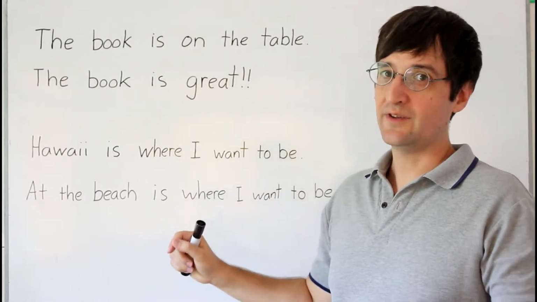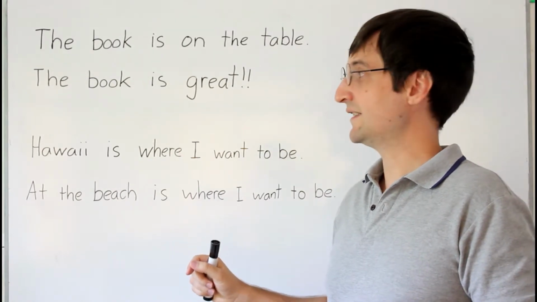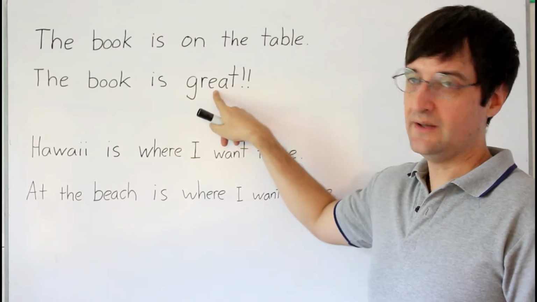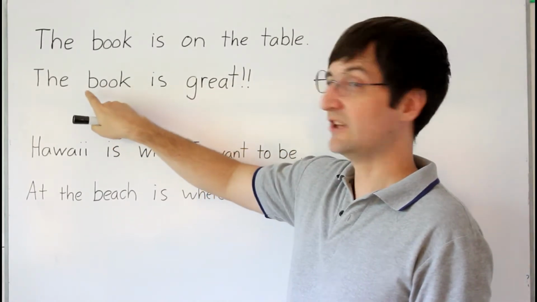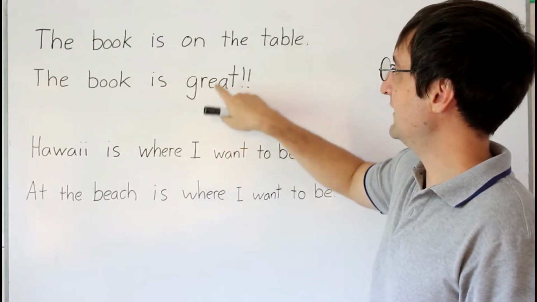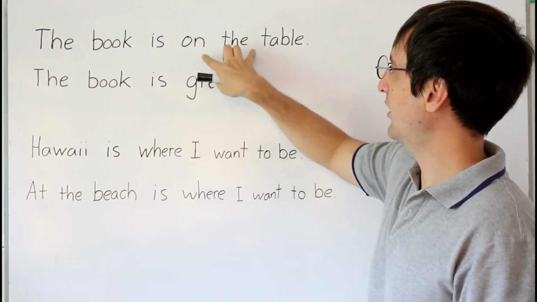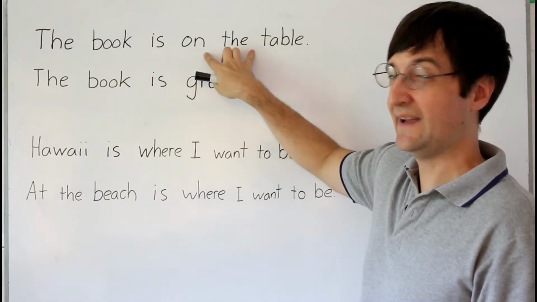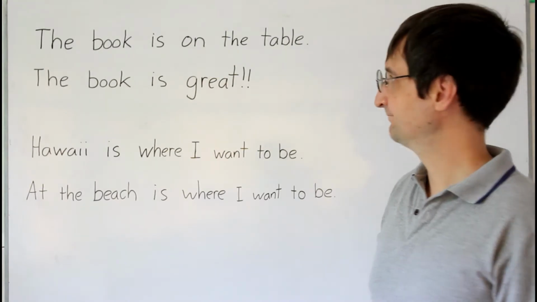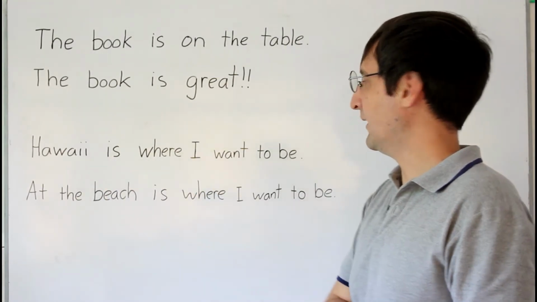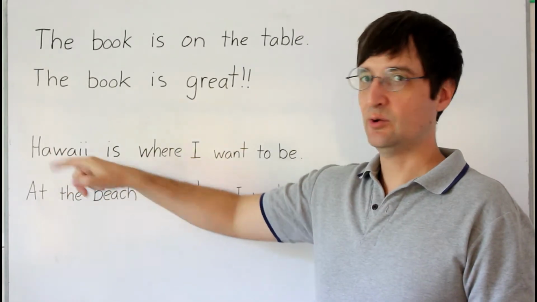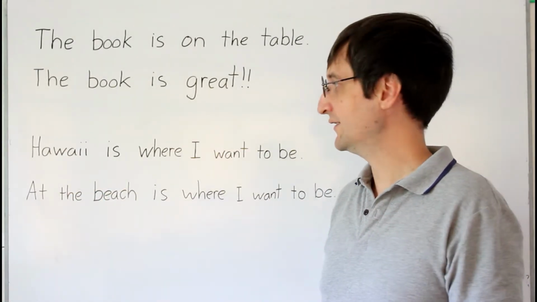Here's another one using the verb to be as a linking verb. The book is great. Great is the complement, describing the subject. So in the same way that great is a complement, on the table, the prepositional phrase, is acting like a complement. Another one. Hawaii is where I want to be. Hawaii, of course, is the noun, the subject.